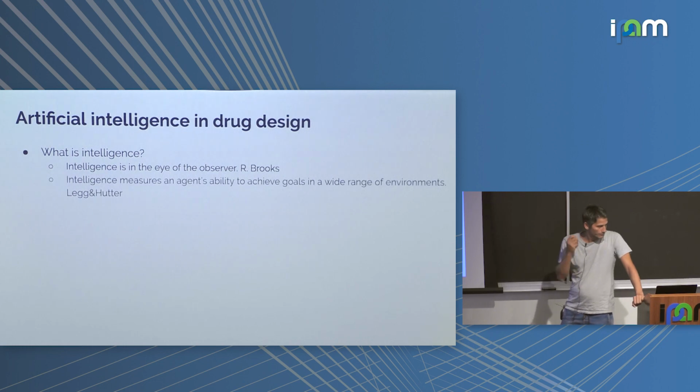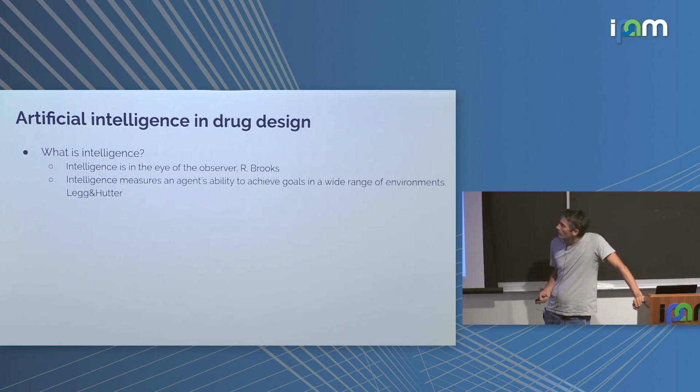Another, more recent definition is that intelligence is a measure of an agent's ability to achieve goals in a wide range of environments. This definition is from DeepMind; Shane Legg is one of the founders of DeepMind. That's why you see them applying machine learning to many different environments and trying to make it general.